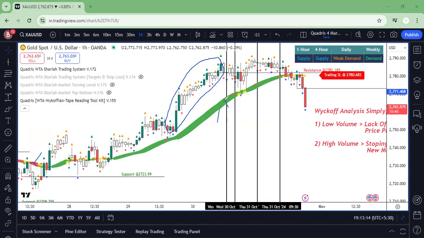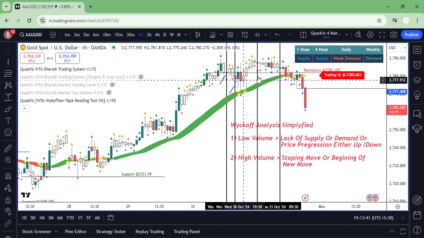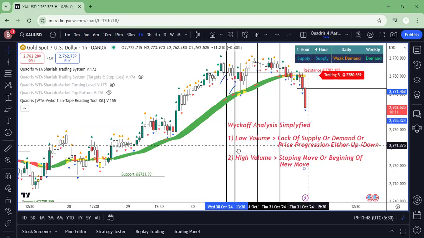So if it is a green ribbon and it is plotting a red portion in it, that refers to high volume supply. If the high volume supply is there over here, what we are expecting, as per the explanation shown over here, is that the move is about to reverse, or there would be a new beginning of the move.